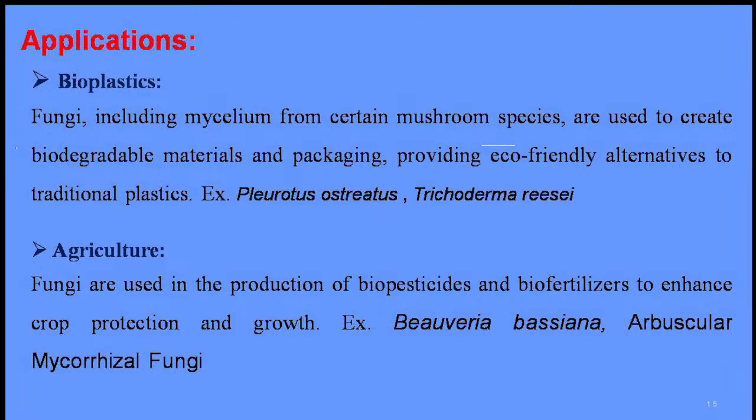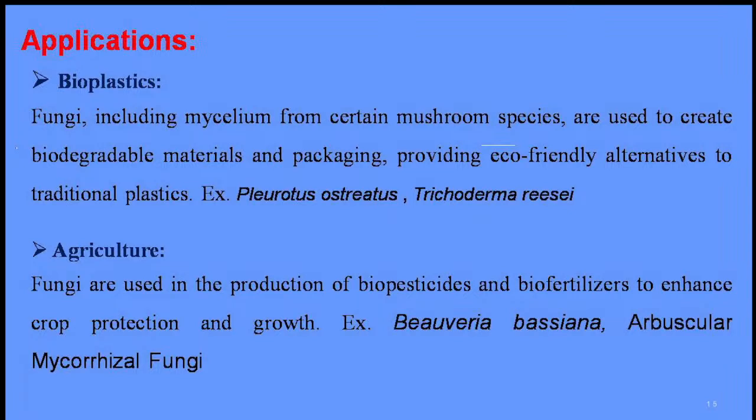For example, we have Pleurotus ostreatus, which is what we call an oyster mushroom. These oyster mushrooms have been studied for their potential in producing biodegradable materials. The mycelium of oyster mushrooms can be used to create products like packaging and insulation.